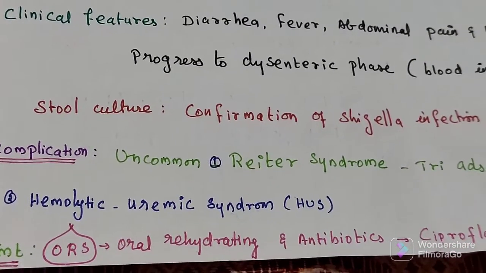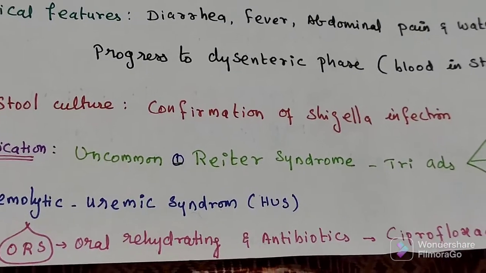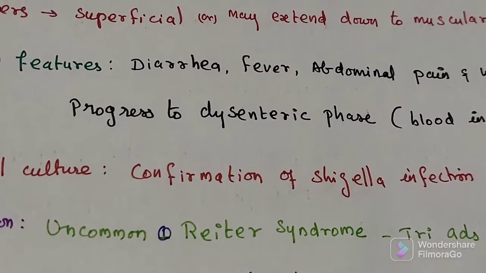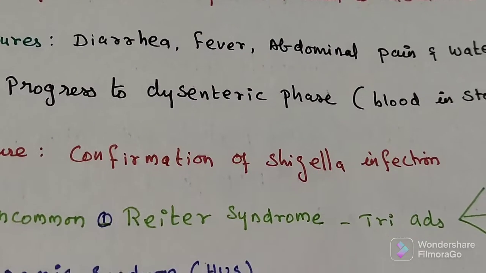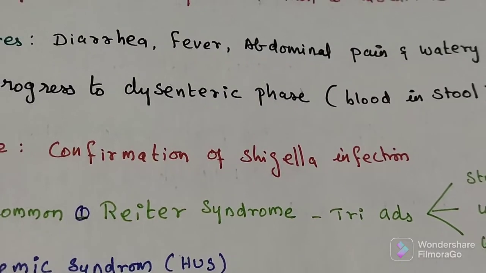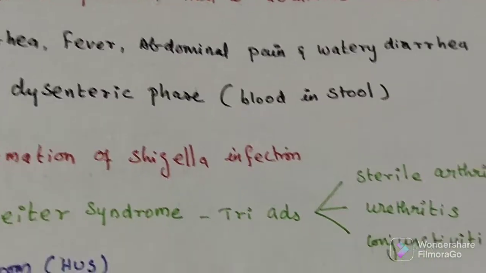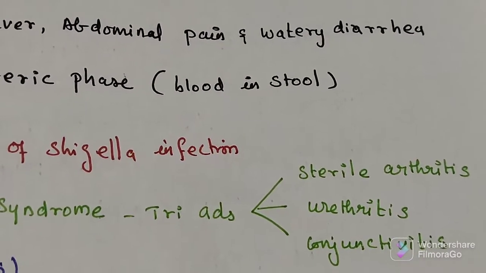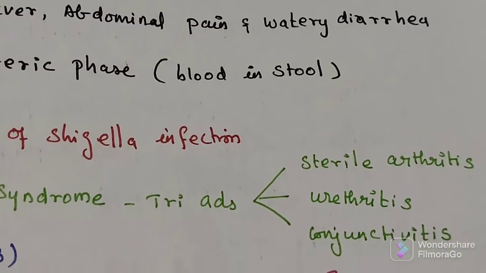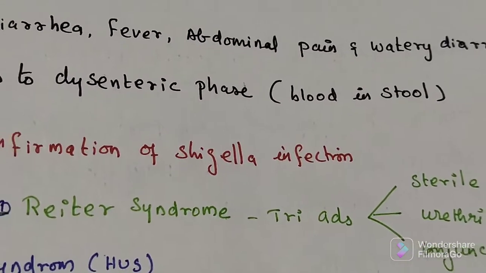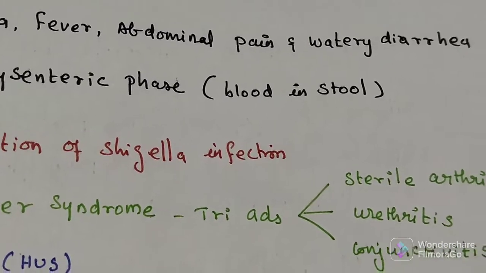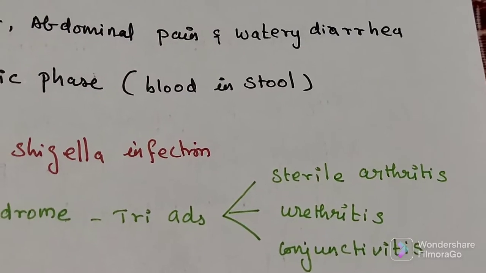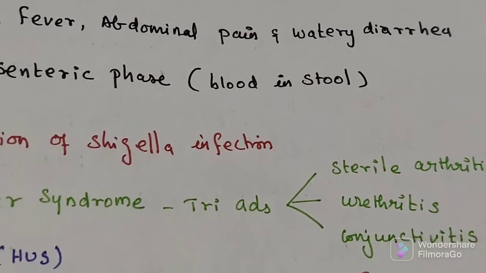Next, complications. There is something called Reiter syndrome. Reiter syndrome is a triad consisting of sterile arthritis, urethritis and conjunctivitis.